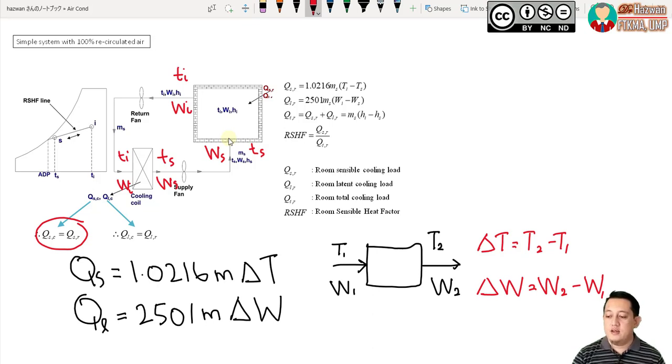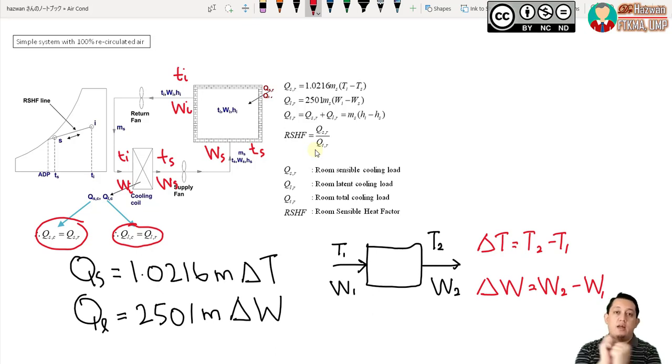Therefore, the latent heat of the cooling coil and the room are equal. So we have this relation. Clear?